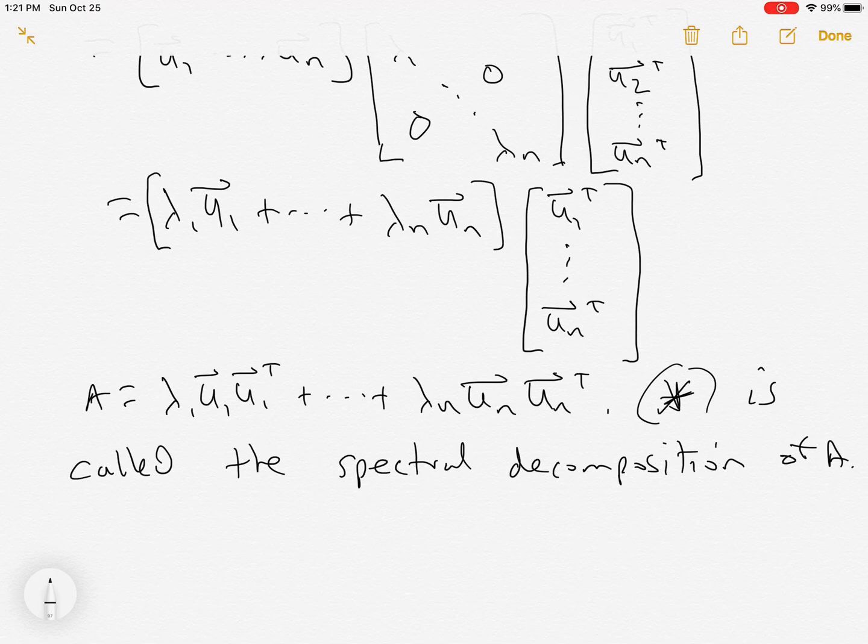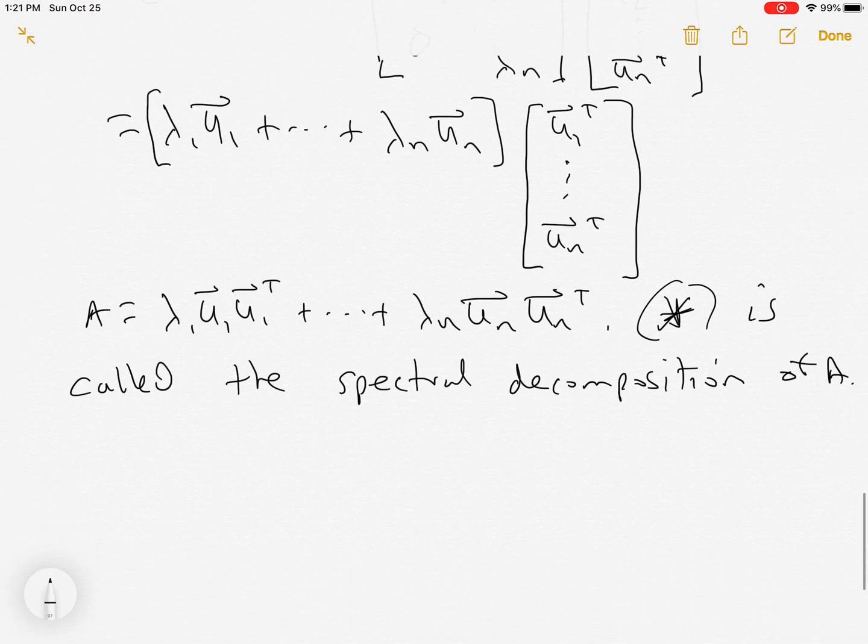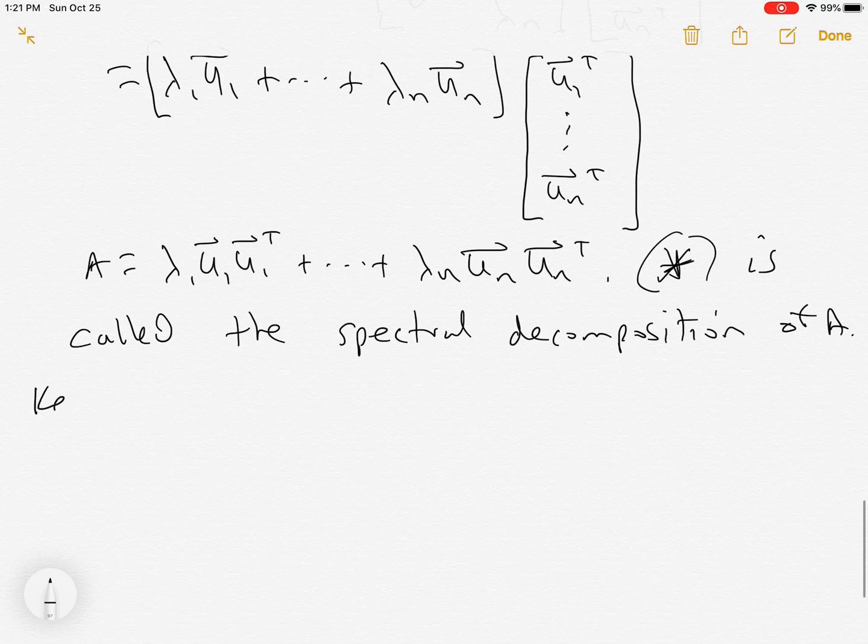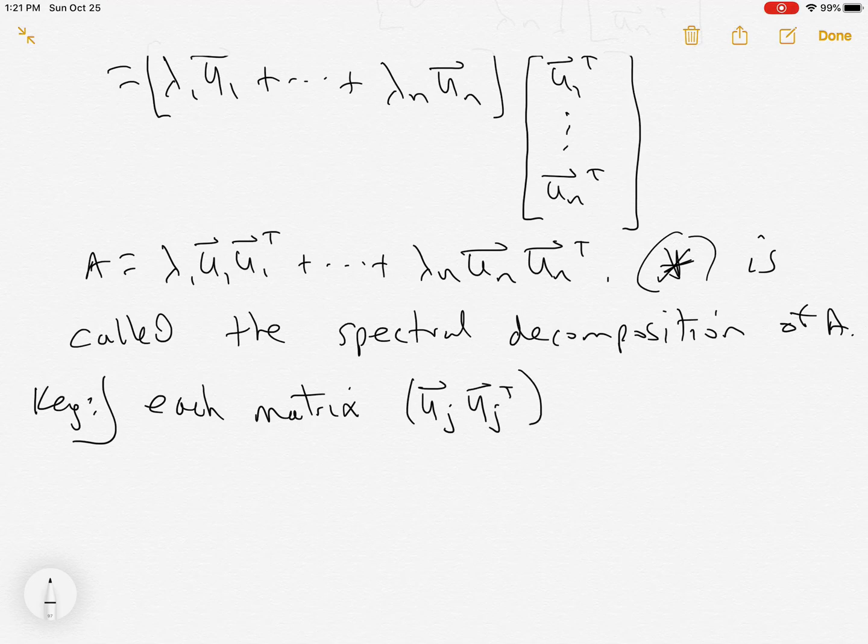Now, this is a key fact. Each matrix UJ UJ transpose is a projection matrix.